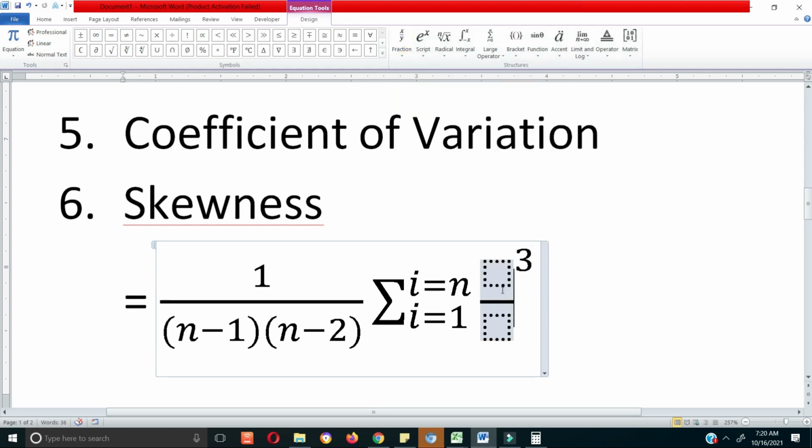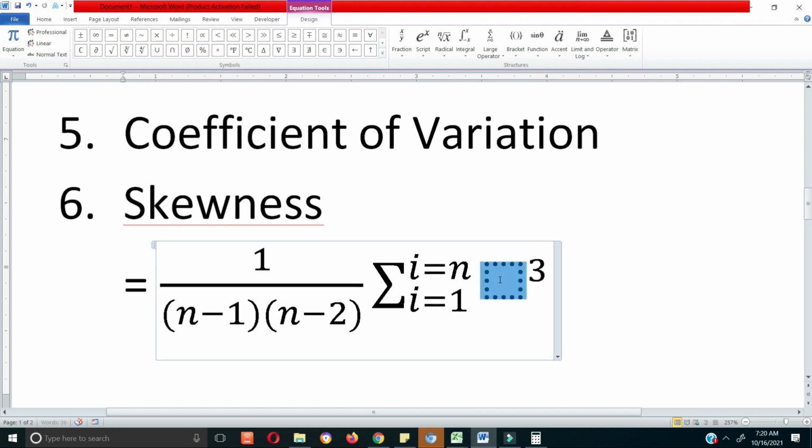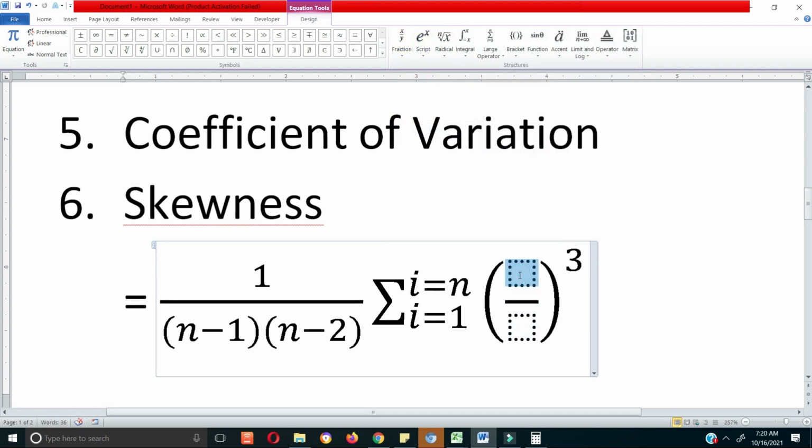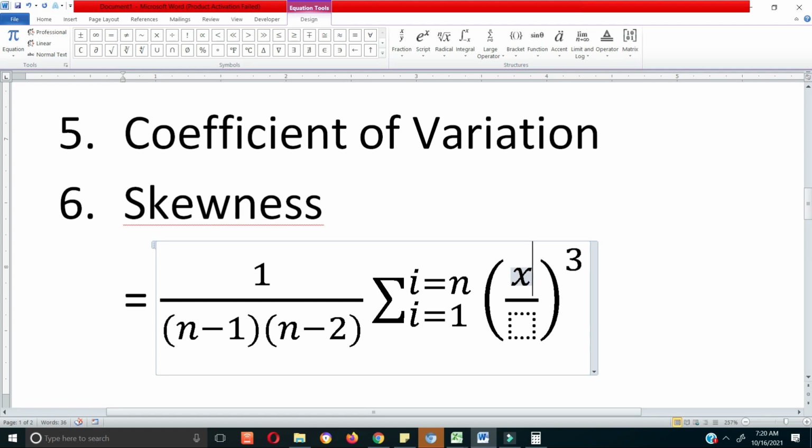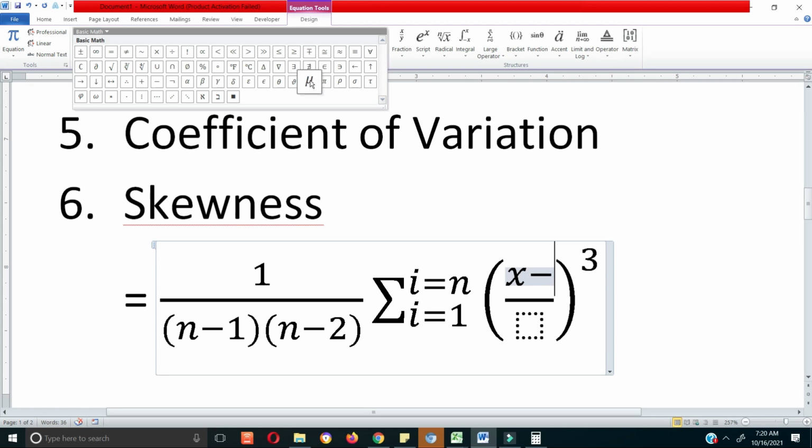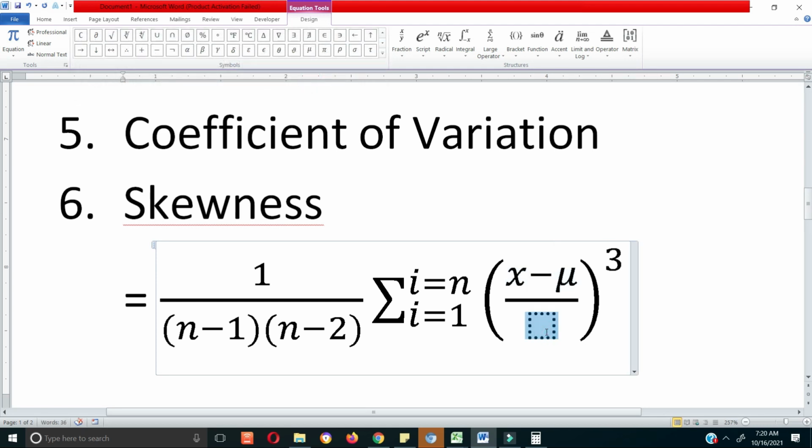There's another fraction here, so there's actually going to be another fraction here, to the cube of the sum of the deviations. I'm going to use mu for the mean over the sample standard deviation. So this value over here is what you refer to as a z-score.